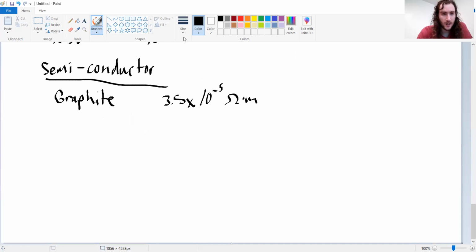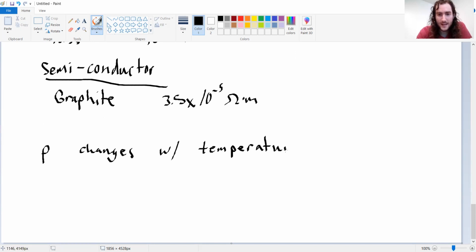So resistivity, rho, changes with temperature. The way to understand why it changes with temperature is because of that random motion I discussed before.